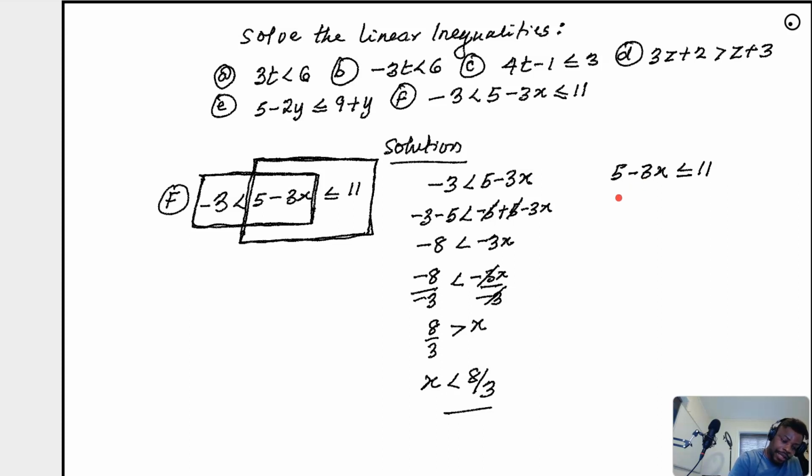Now for this one here, I will quickly do this one. You know already what I'm doing here. So 11 with that, 6. Divide through by minus 3.